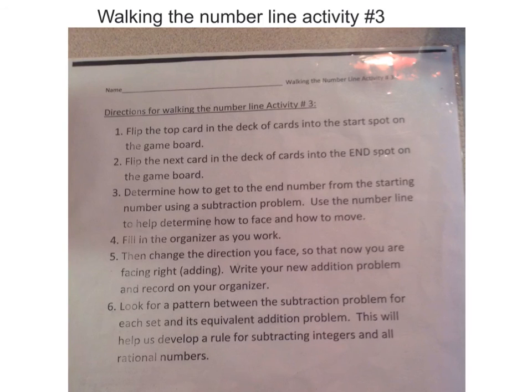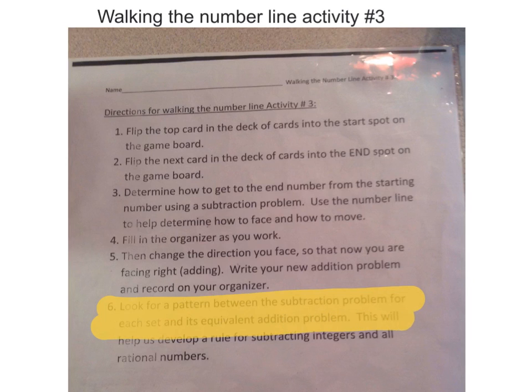Okay, so essentially I just explained to you how to do steps 1, 2, 3, 4, 5. Now I want you to focus on what you should be trying to accomplish. Okay, so your goal is to look for a pattern between the subtraction problem for each set and its equivalent addition problem.